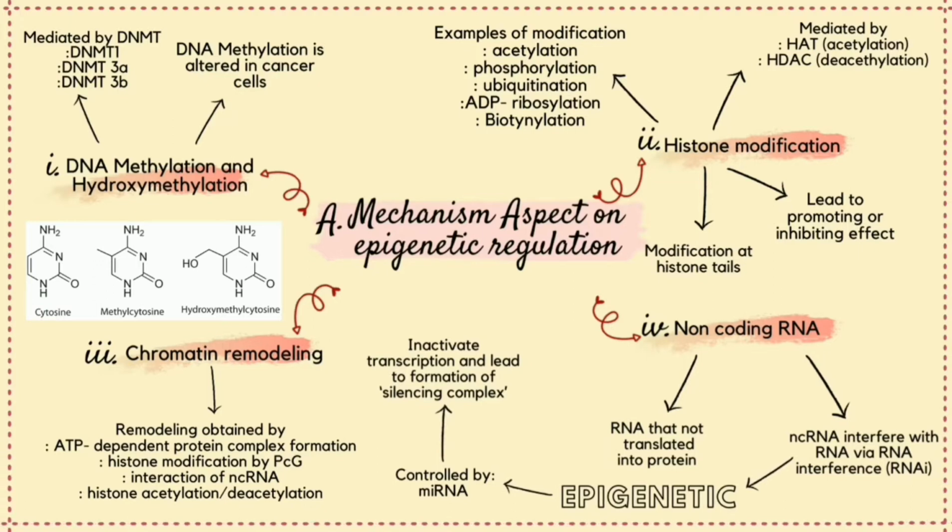This mechanism is considered as epigenetic as it does regulate the gene expression without altering the gene sequence. One of the main examples of non-coding RNA is microRNA. In cancer, the microRNA is deregulated and it leads to silencing complex formation.